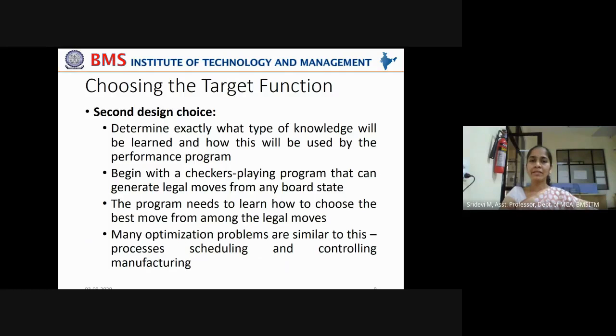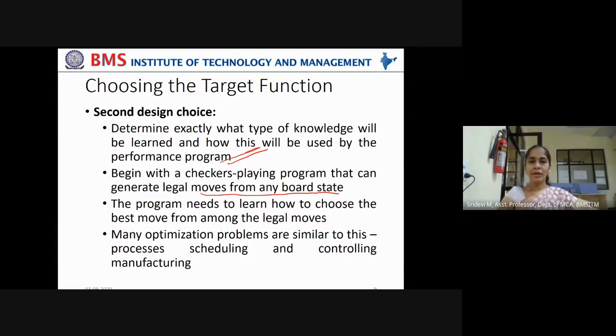Determine exactly what type of knowledge will be learned and how this will be used by the performance program, so that performance can be evaluated on that type of knowledge acquired. So begin with a checkers playing program that can generate legal moves from any board state.